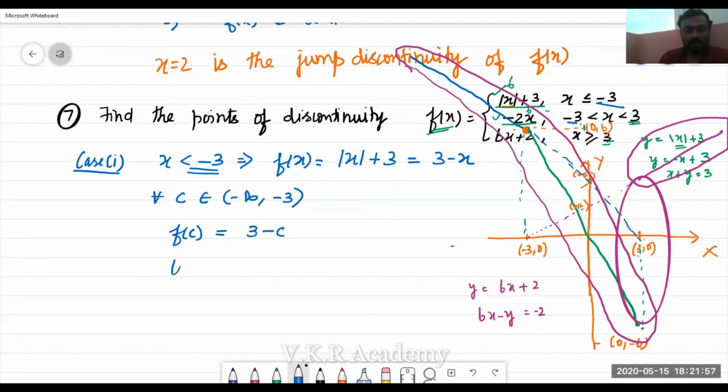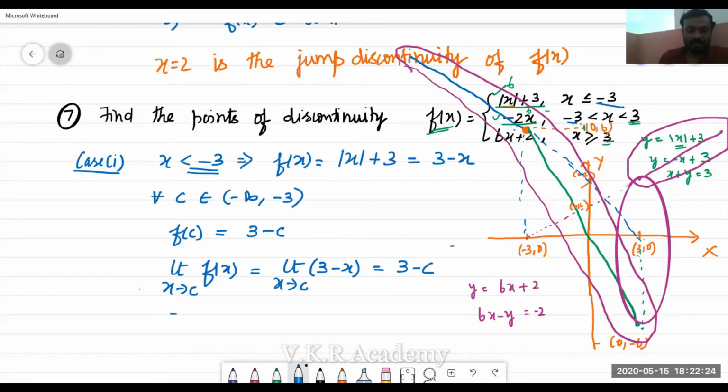Also, limit x tends to c, f of x is equal to limit x tends to c, our f of x is mod x plus 3, which is simplified to 3 minus x. So that is again equal to 3 minus c.